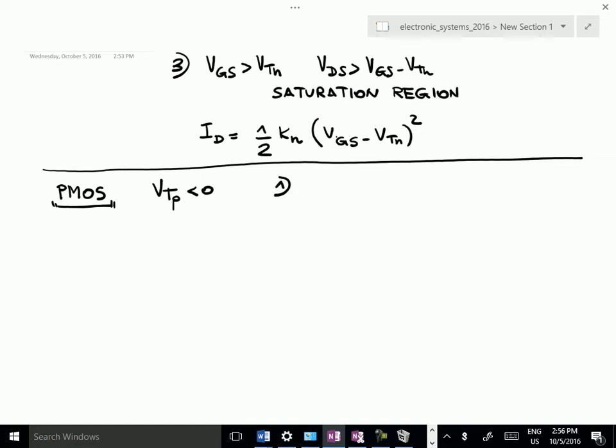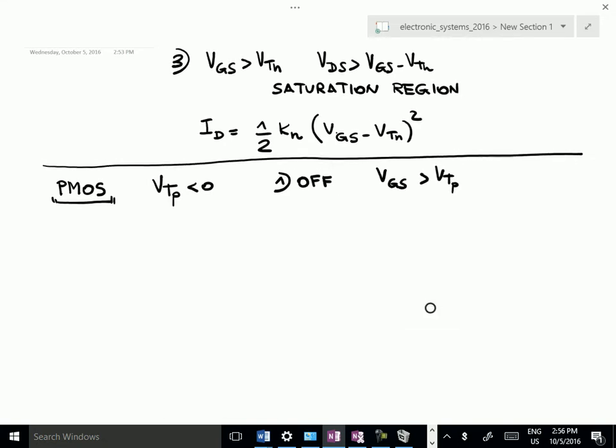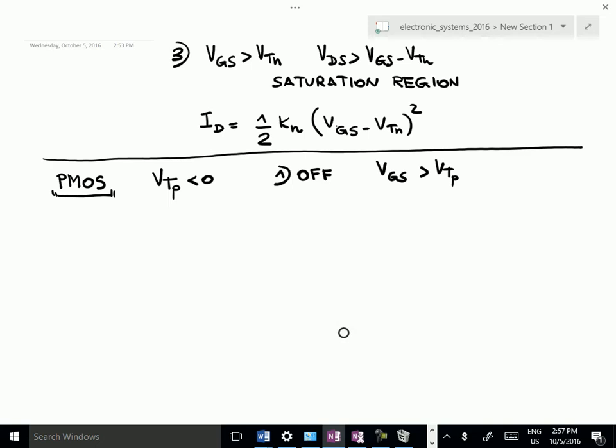Again, the regions of operation are the off region, when VGS is larger than VTP. So basically, you see we have changed sign. The off region for the NMOS was when VGS was smaller than VTN. Now the off region is when VGS is larger than VTP.